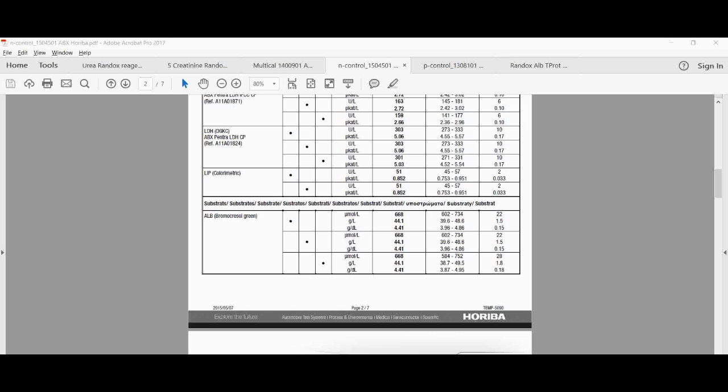Let me just write down, so this is the mean, and this is the confidence interval, the range, and this is 1 standard deviation.